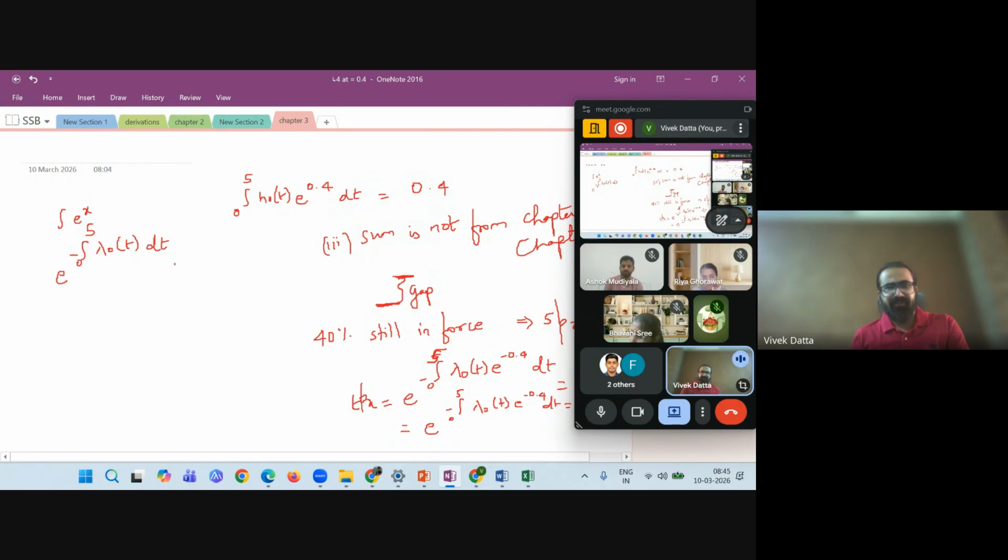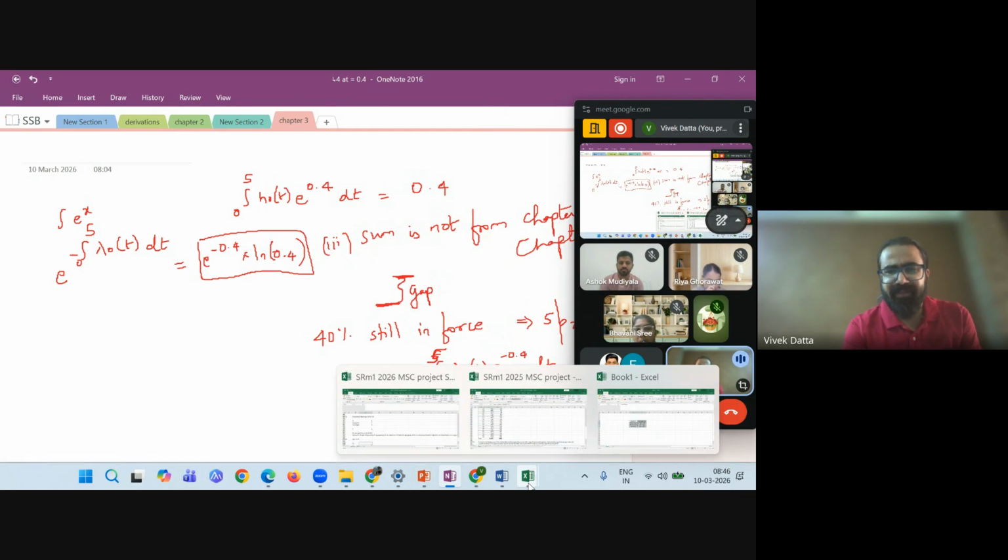I need to find an equation for this, which will be e raised to minus 0.4 into ln of. I will replace this value in my second equation, which is the term assurance female independent advisor. So write down the female independent advisor equation and then replace this answer.